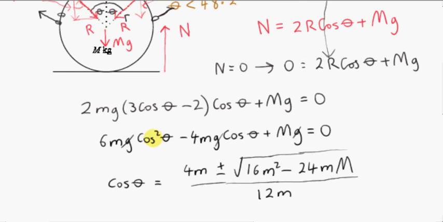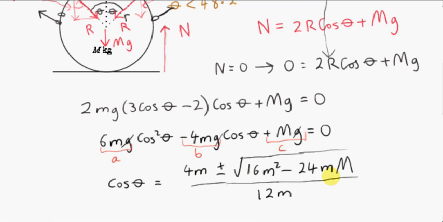Now, to find theta, we first of all have to get cos of theta. We see that this is a quadratic equation in cos of theta. We have a cos squared theta term, we have a cos theta term, and we have a constant. So it's got the form of a quadratic equation, where the coefficient of cos squared theta is a, the coefficient of cos theta is b, and the constant term that doesn't involve cos theta is c.